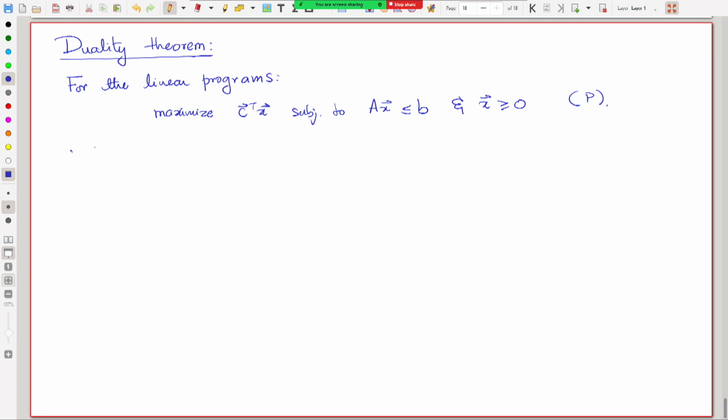So this is the primal, and the dual is: minimize b transpose y subject to A transpose y greater than or equal to c and y greater than or equal to 0. Exactly one of the following occurs.